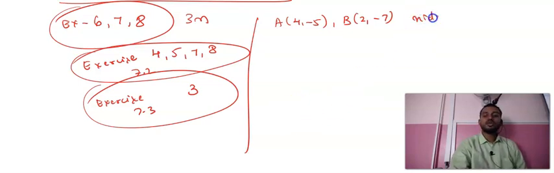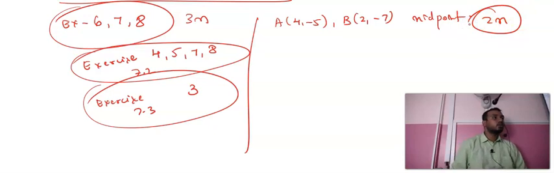They are asking you to find the midpoint. You know the formula, right? (x1 plus x2)/2, (y1 plus y2)/2. Find the midpoint. So this question carries 2 marks. Okay. Done.